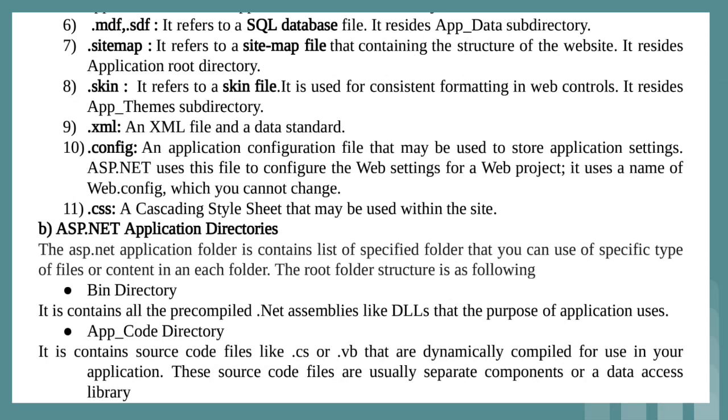After that, the next type of file, again which we are going to use in one of our practicals, that is .sitemap. This particular file refers to the sitemap file which contains the structure of a website. Means we are having a tree structure or tab structure that we can create with the help of sitemap. And basically it is named as a map. What is the use of a map?